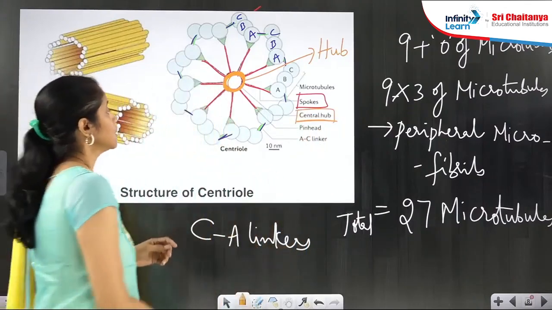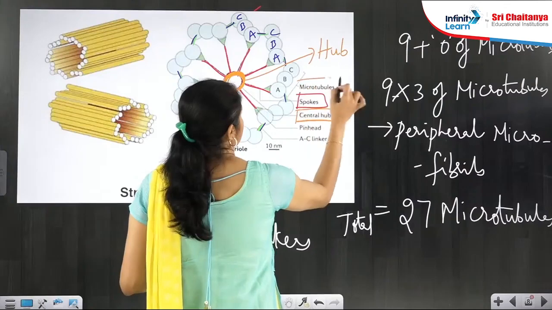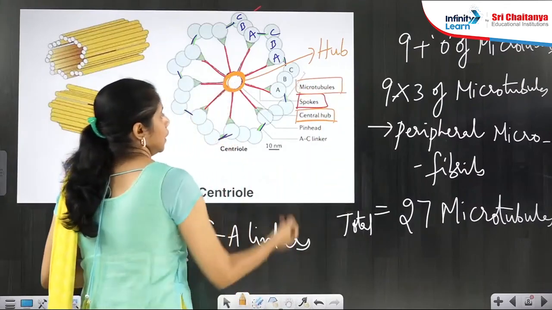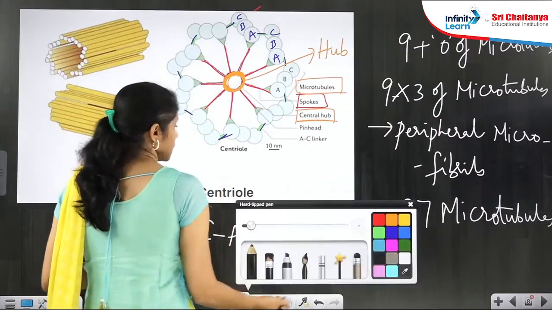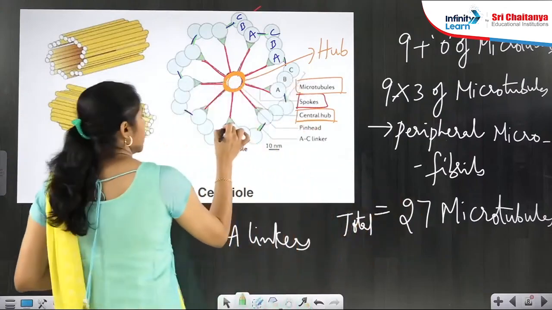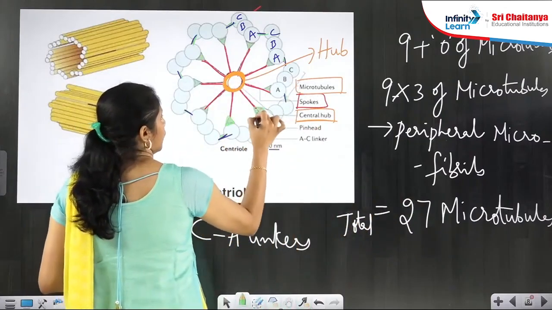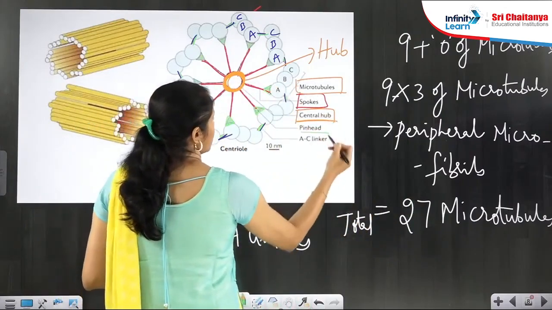And these side ones, all the A, B, C are called microtubules. And here that A1 will have a pinhead. The pinhead is labeled, but that is not required for you.